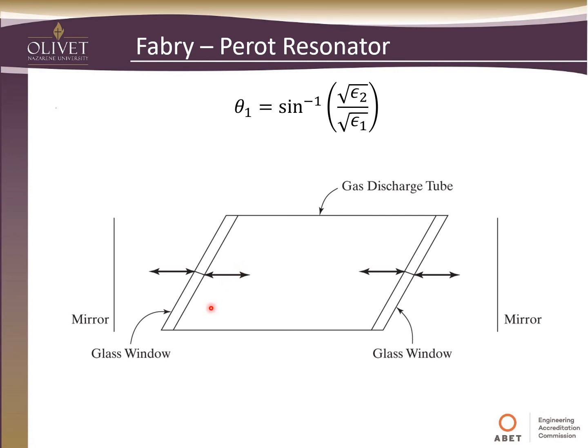And so what they actually do is put a little slant in here with this second material, this glass window. So you have some gas in here that has some permittivity and permeability, and then you have this glass here that has a different permittivity. And what it does is it meets the conditions of Brewster's angle, so that now we only get one polarization of the angle here.